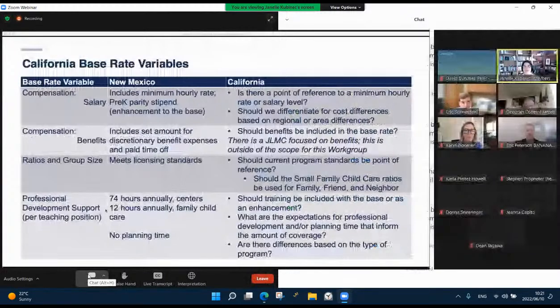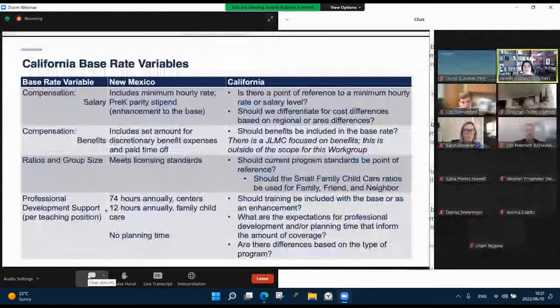You have a state minimum wage, and then you have some local jurisdictions that have separate minimum wage. But obviously our goal is not to have our providers paid at the minimum wage. This is skilled work and they should be paid above that, but it is a foundation in the cost structure.